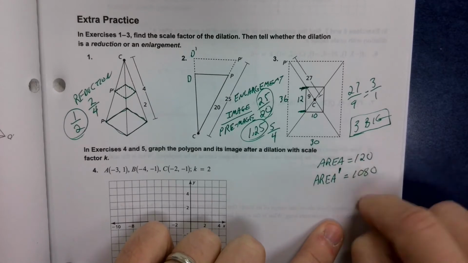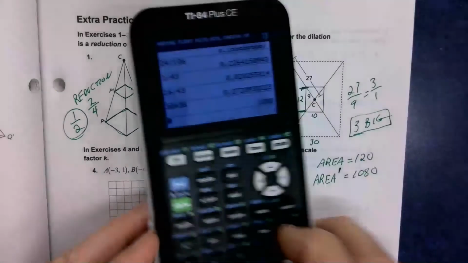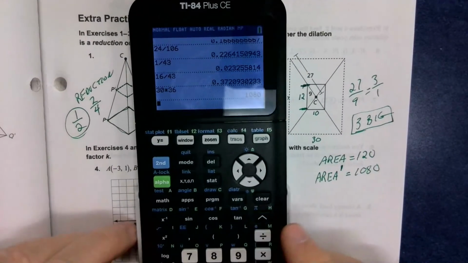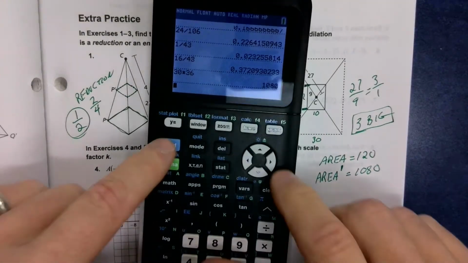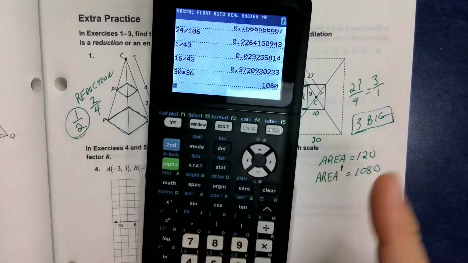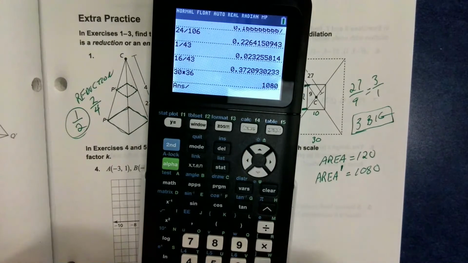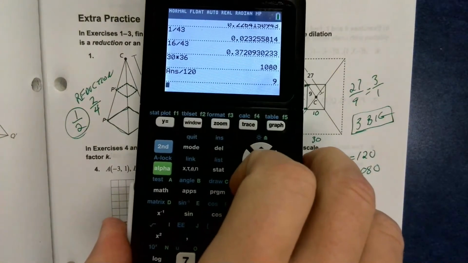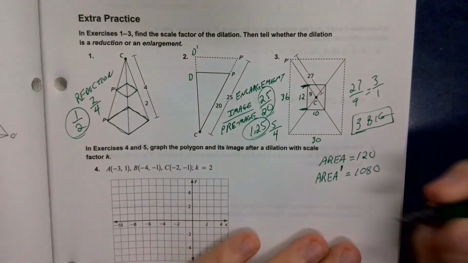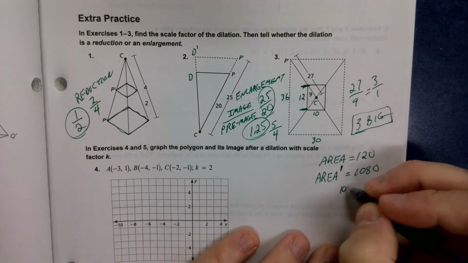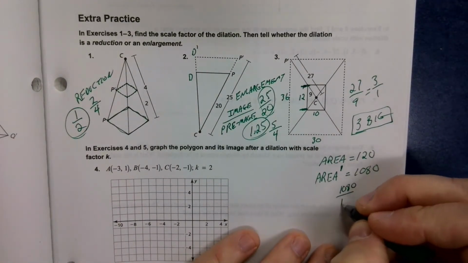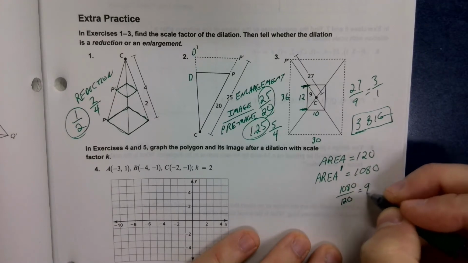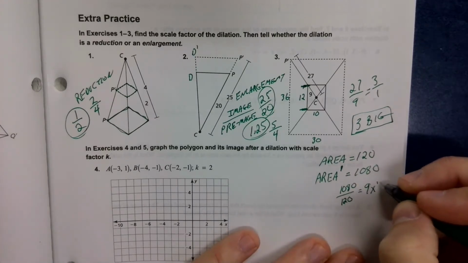I want to take a look at how much bigger this is, so I'm going to go 1080. Let me lighten this up for you a little bit. There we go, 1080 divided by 120. And you can see that it gets actually 9 times bigger. The area 1080 divided by 120 equals 9 times as big.